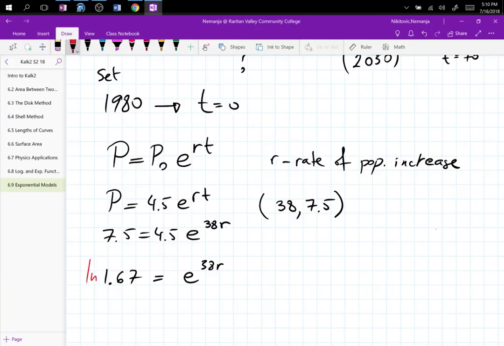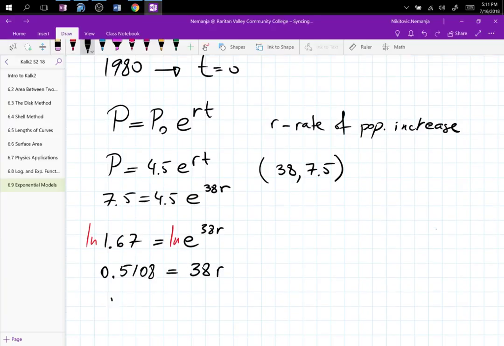We're going to take ln of both sides, and we get the ln of the previous answer, 0.5. We need 4 decimals on these calculations because the error piles up.